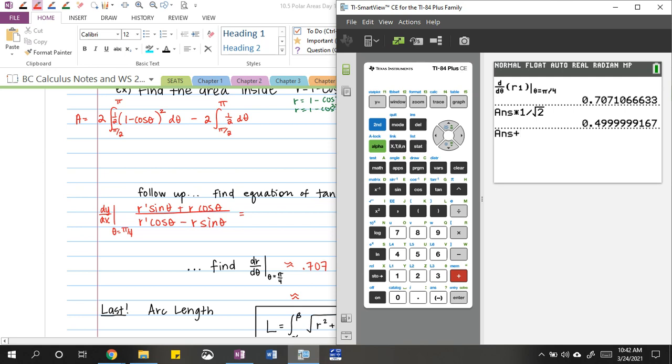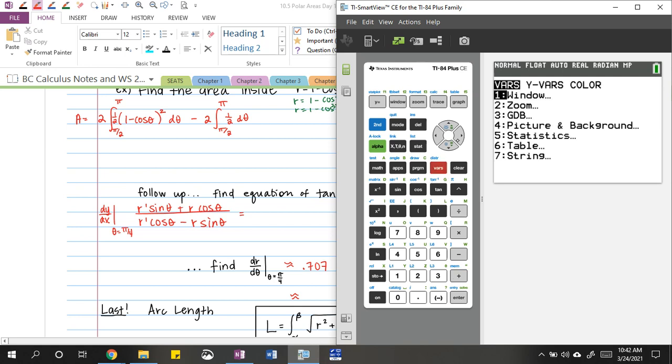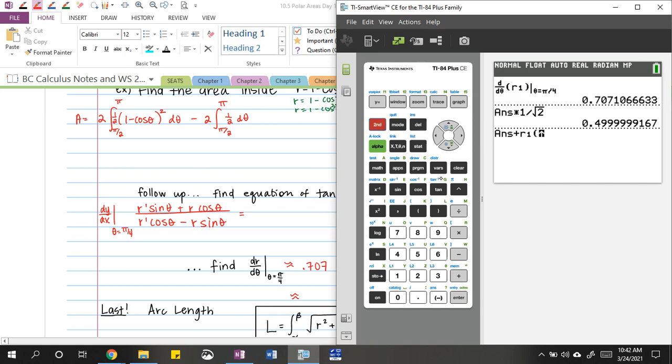Plus r cosine theta. So plus r of pi over 4 divided by radical 2, because that's the cosine of theta. That's the numerator.